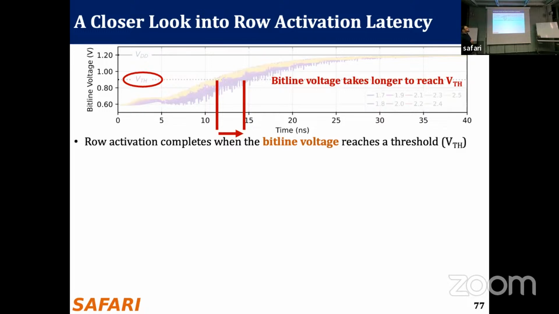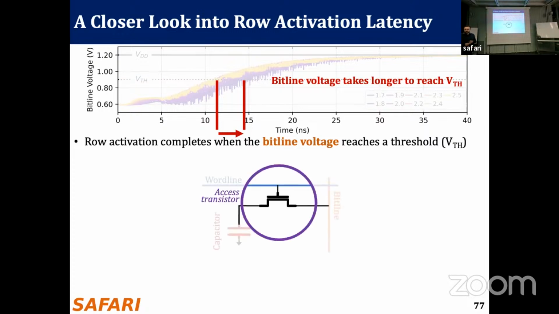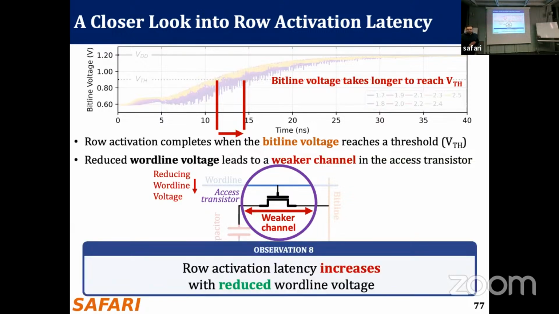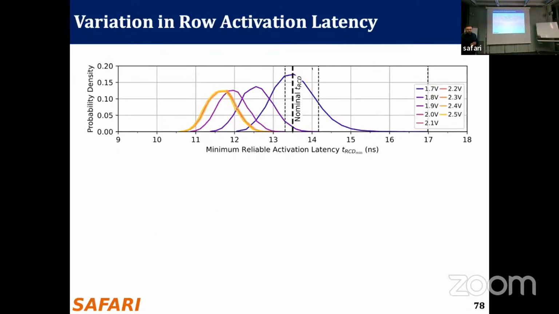And we observe that as we reduce wordline voltage from 2.5 volts down to 1.7 volts, we see a shift from left to right at the cross-section of this curve to this threshold voltage, meaning that the row activation process completes later as we reduce wordline voltage. And this is because of this access transistor. Reducing the wordline voltage causes a weaker channel. And the row activation latency increases as a result of reducing the wordline voltage.